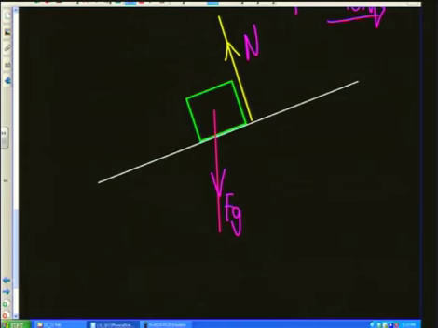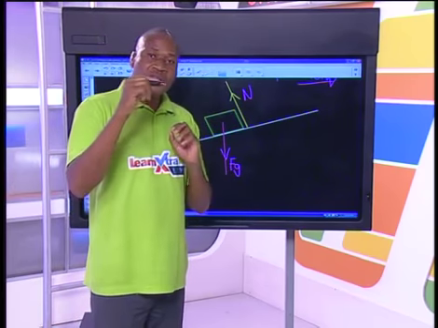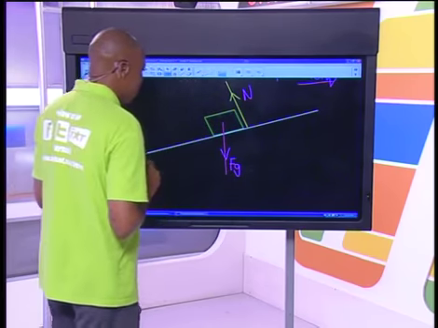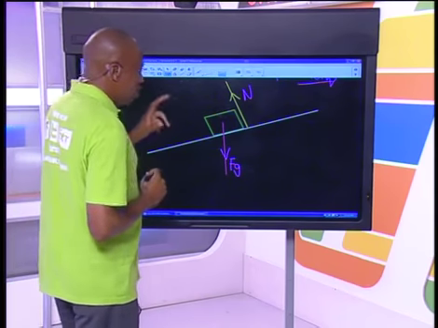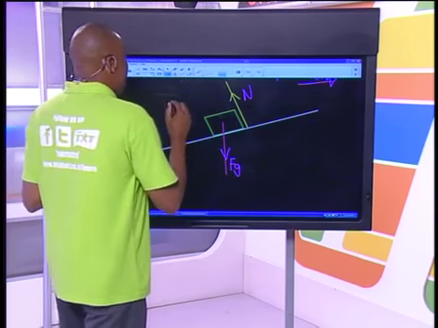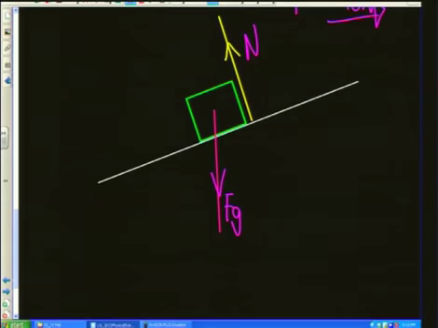Now, when you draw your force diagrams, remember, especially when you're looking at a free body diagram, you put a dot and they are all together there because they're acting on one object. Now, look at this situation. For us to be able to get the magnitude of the normal force, we will have to do something with this force of gravity.